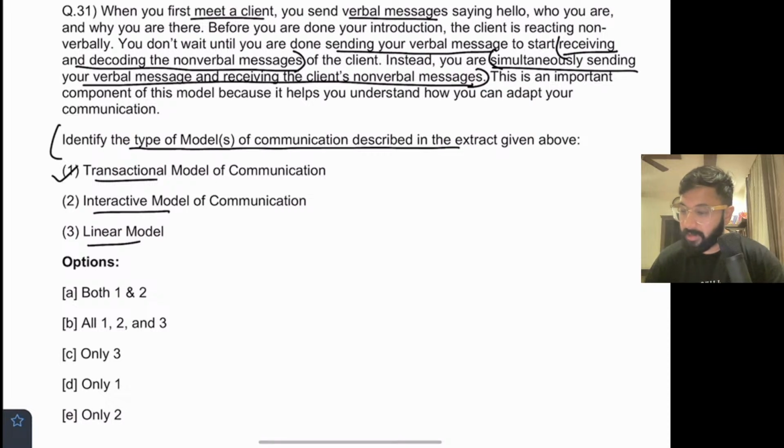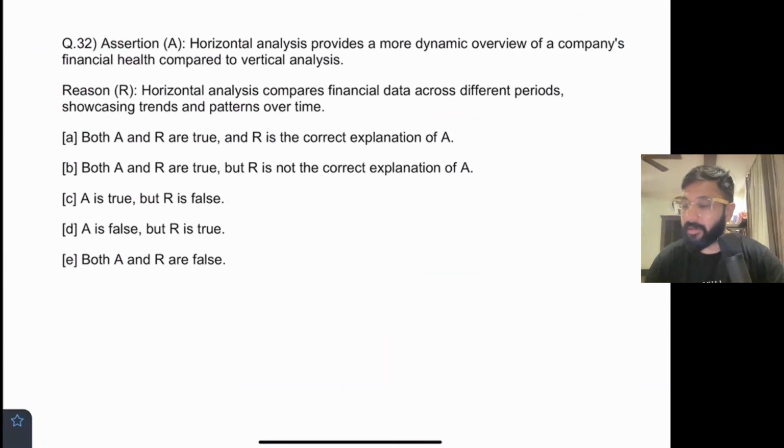Yes, the answer is transactional model की बात हो रही है. Please read on the interactive model, linear model if you don't know them already. ये आपका काम है. इसी तरह से आपको अपने नंबर बढ़ाने हैं. हो सकता है एग्जाम में जो क्वेश्चन आए उसमें आंसर इंटरैक्टिव मॉडल हो, तो इसलिए पता होना चाहिए कि ये मॉडल्स क्या क्या हैं कम्युनिकेशन के.